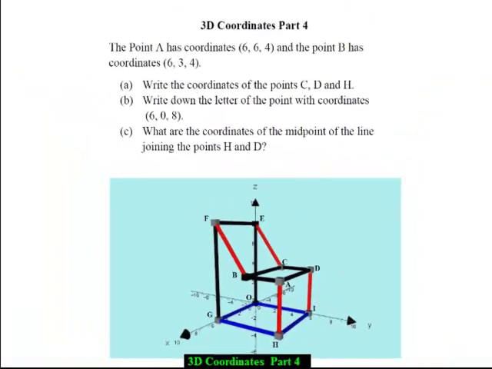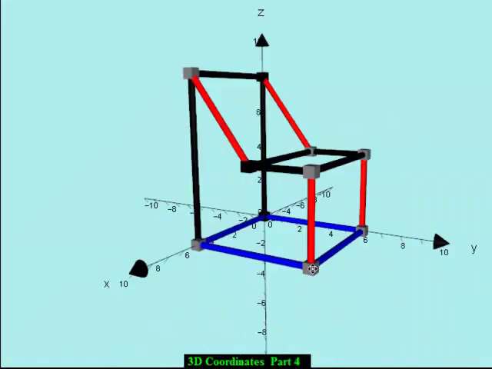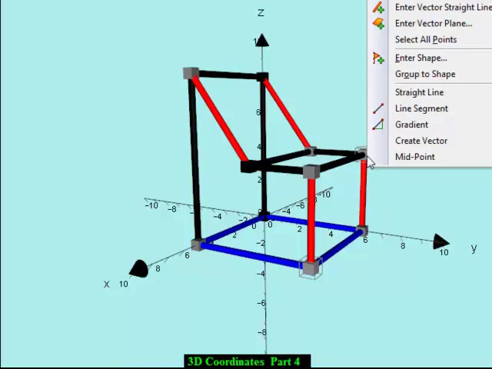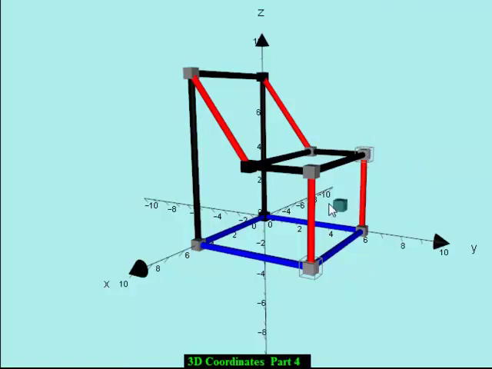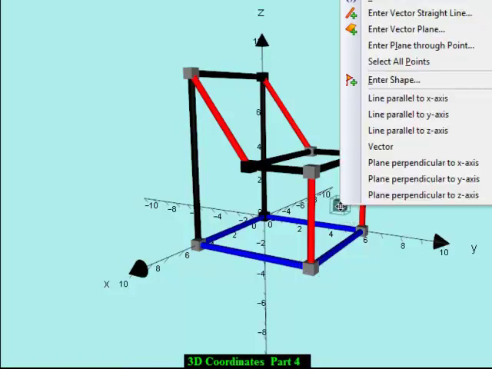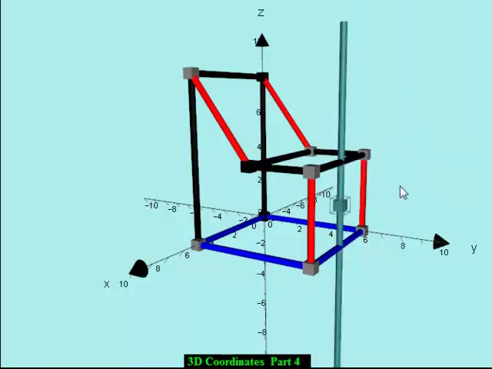Let's have a look at that in Autograph. It's the midpoint of the line joining those 2 points here. That point there. If I draw a line parallel to the z-axis, it helps us to see that 3 for the x value, 2 for the z value, and you can see it's 6 along parallel to the y-axis.